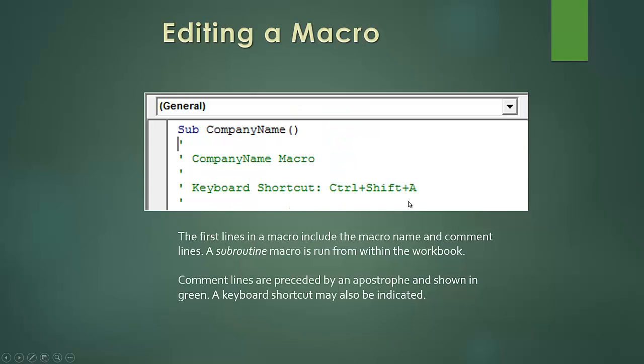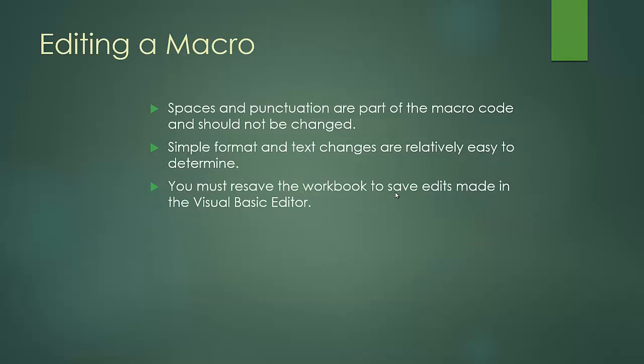So in a macro, the first lines in the code include the macro name and the comment lines. And the comment lines, as you can see, are preceded by an apostrophe. And it may also indicate this keyboard shortcut if you've assigned one to the macro.